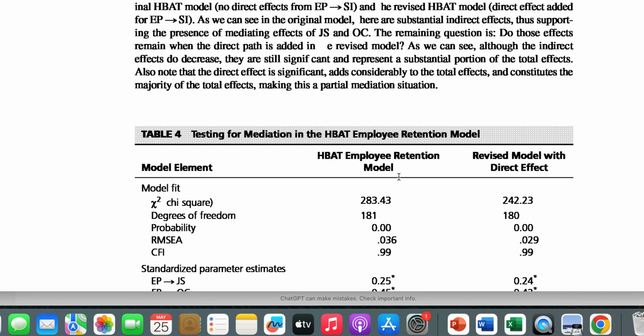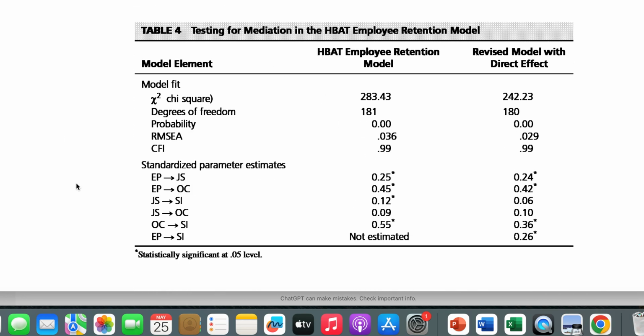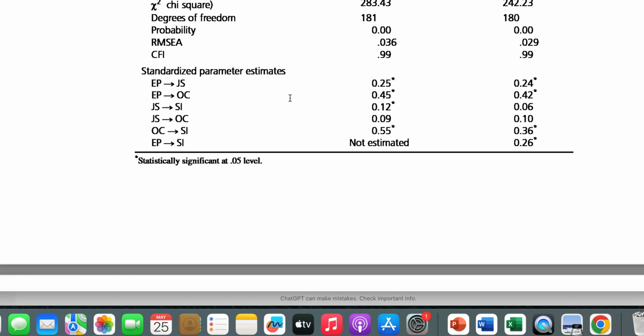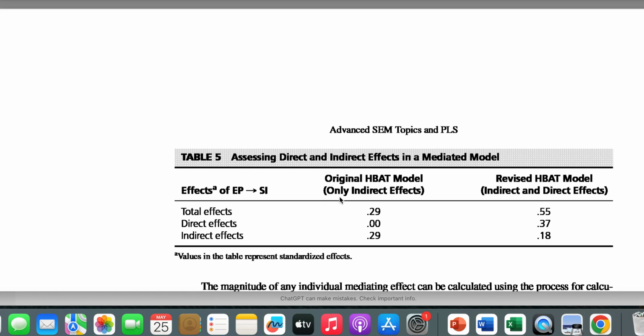Also note that the direct effect is significant, adds considerably to the total effect, and constitutes the majority of the total effect, making this a partial mediation situation. This is a table for testing mediation in the employee retention model, with the original model and the revised model with direct effects. For model fit, the chi-square and these effects are statistically significant at the 0.05 level.